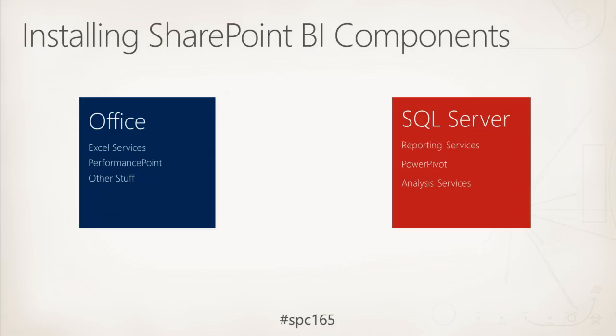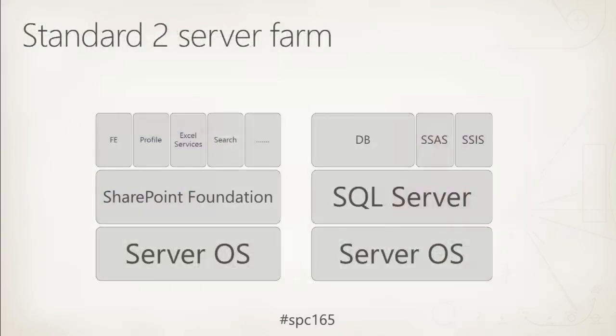It shows we don't necessarily know what to do with it, but we know that it's there. It's sitting there on our farm. The stuff that comes from the SQL team is on the SQL disk, right? And it hasn't necessarily been set up in our environment. It's not necessarily clear how to do that. And I have seen an awful lot of confusion in the field about where you should put this stuff. And that's what I want to just cover off in the next couple of slides.